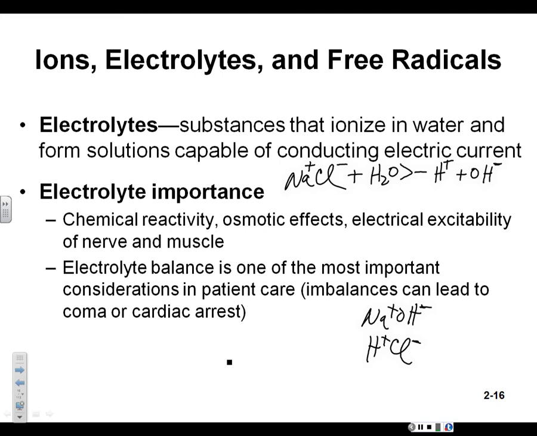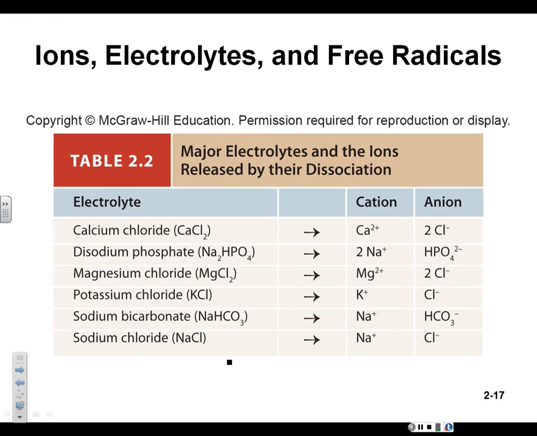Question. If you look at calcium, then look at sodium and magnesium, what does the 2 plus tell you? Did it gain or lose? It lost 2. What does this tell you?